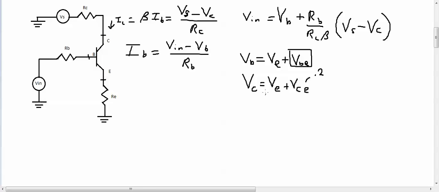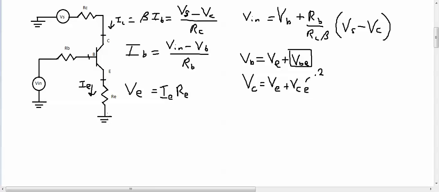And now we have the problem that we don't know what the voltage at the emitter is. So we're going to do another current equation, or something like it. We're going to solve for the voltage at the emitter, which is simply the current going through, i.e., IE, multiplied by the resistor at the emitter.